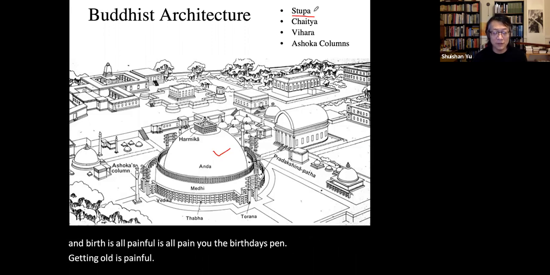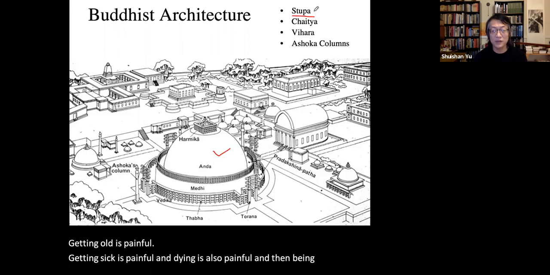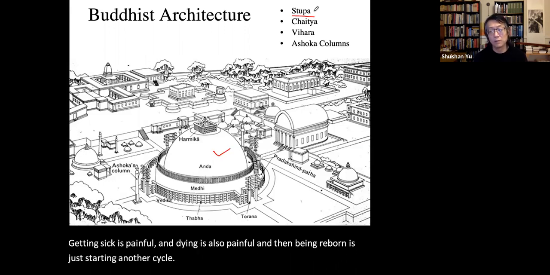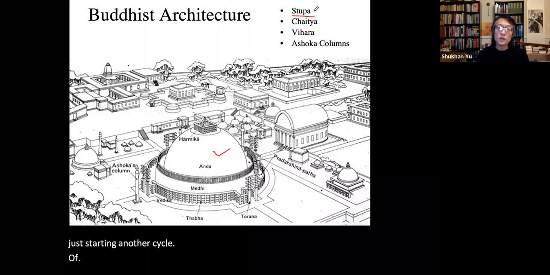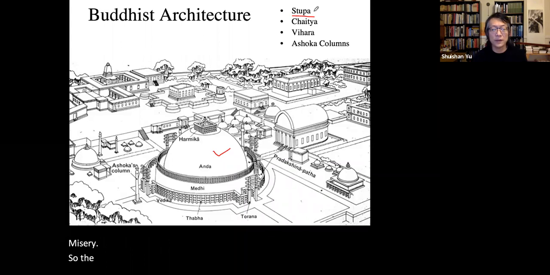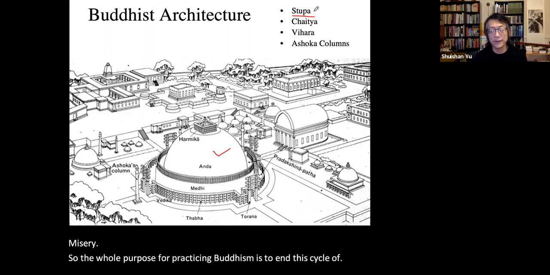Getting sick is painful, and dying is also painful. And then being reborn is just to start another cycle of misery. So the whole purpose of practicing Buddhism is to end this cycle of endless rebirth.